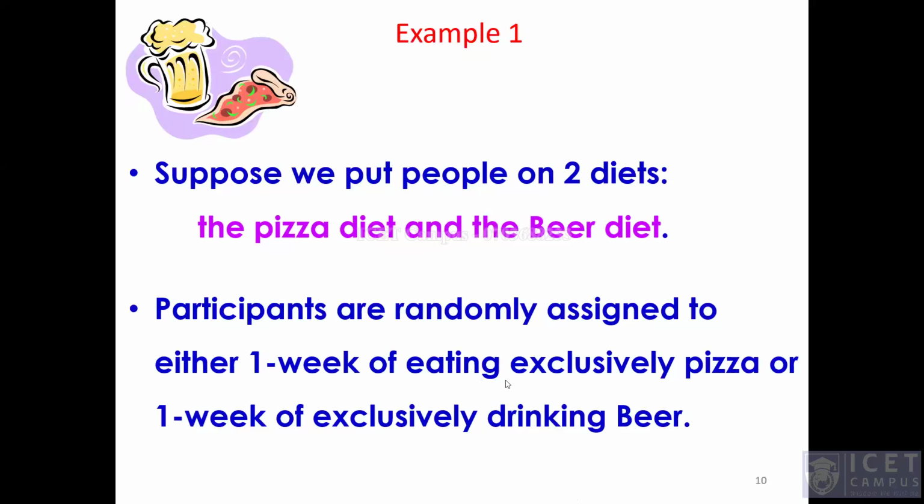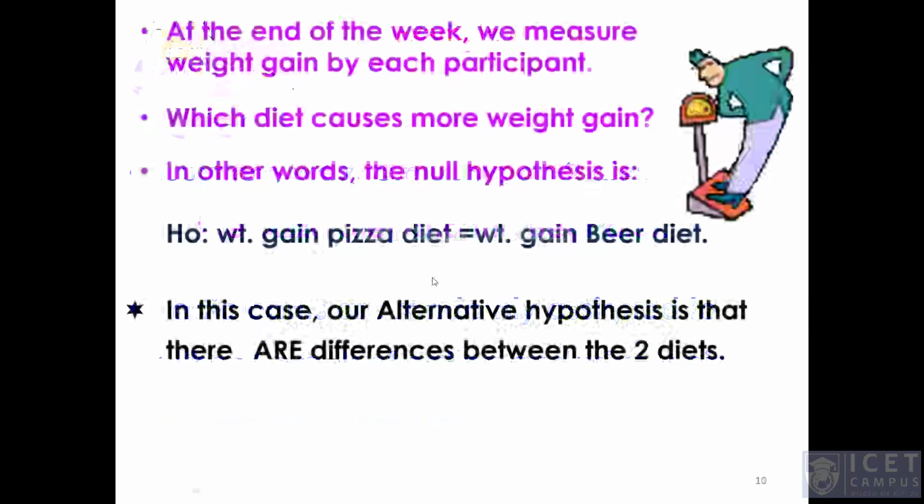One is pizza, the other one is beer diet. The participants are randomly assigned to either 1 week of eating exclusively pizza or 1 week of exclusively drinking beer. This is the research. At the end of the week, we measure weight gain of each participant, right?